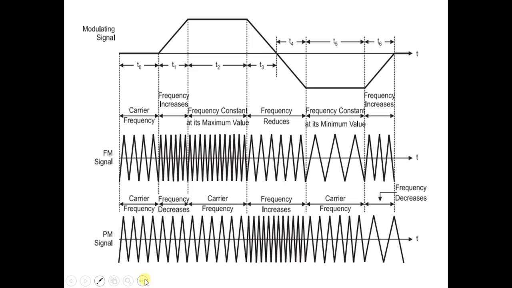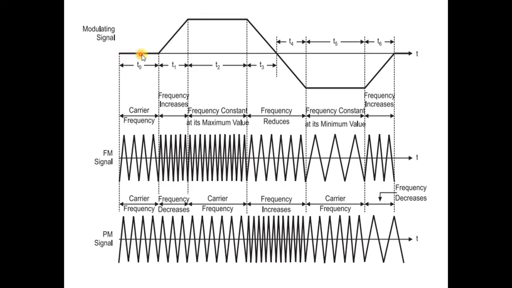Frequency is the rate of change of phase, means that frequency is the derivative of phase. If the frequency increases, phase also changes rapidly. Looking at this total waveform, we will understand how the frequency modulation and the phase modulation are closely related to each other.